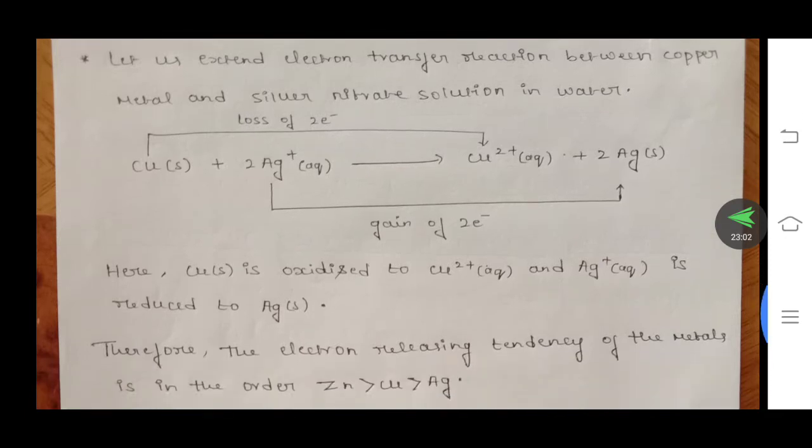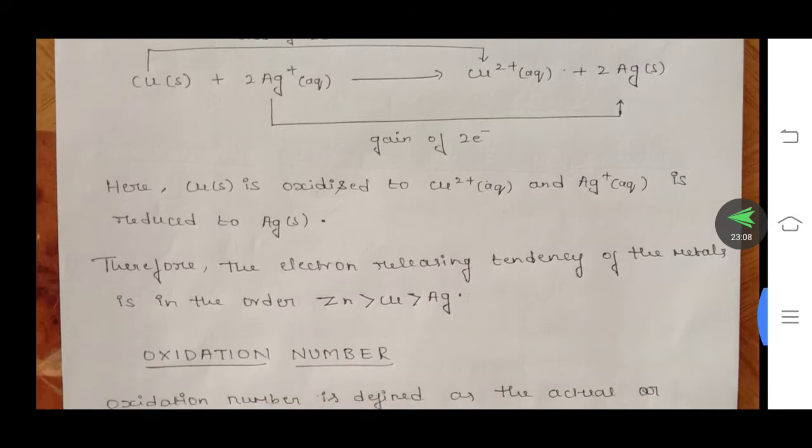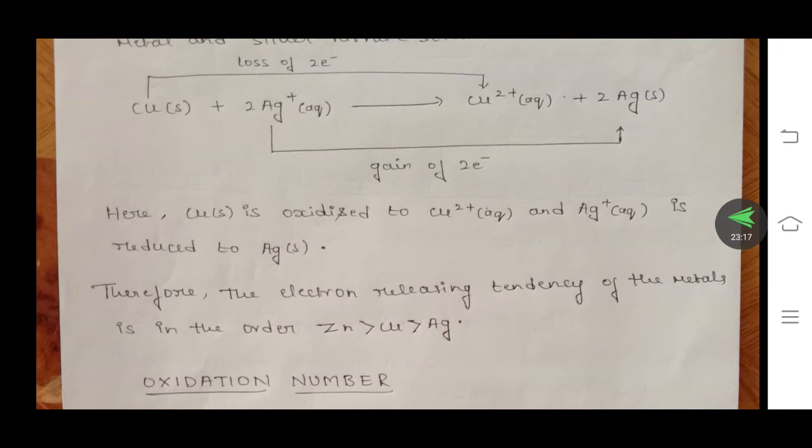Copper is oxidized to Cu2+ aqueous and Ag+ aqueous is reduced to Ag. Therefore the electron releasing tendency of the metals is in the order: zinc is more reactive than copper, and copper is more reactive than silver.